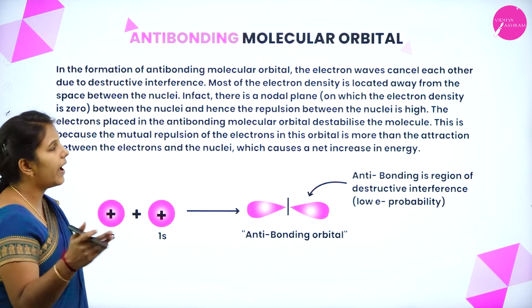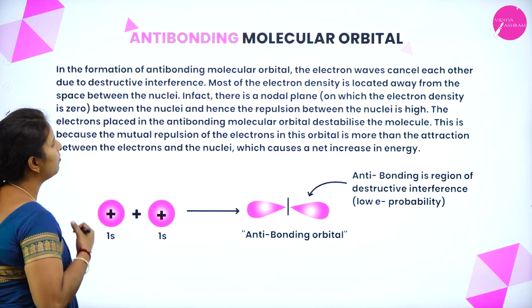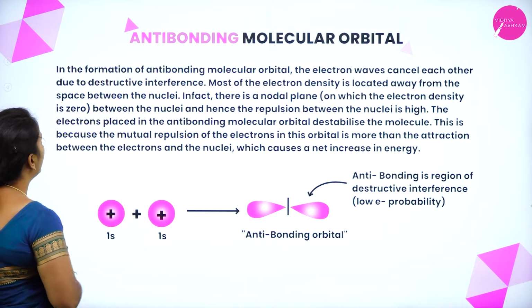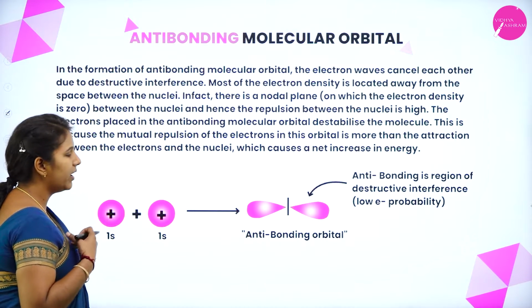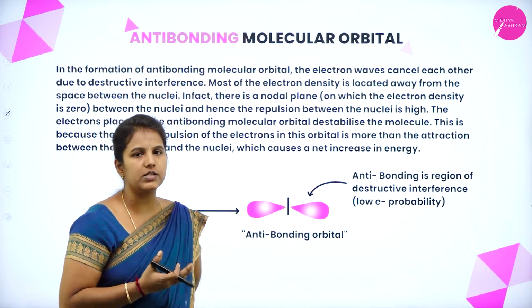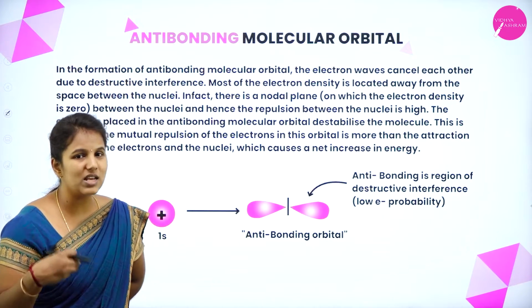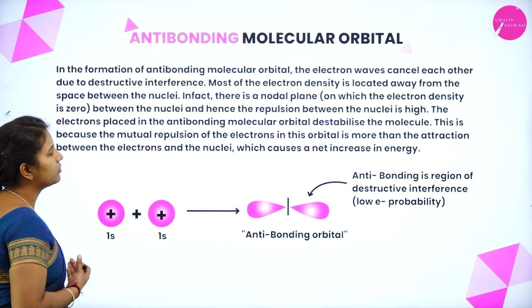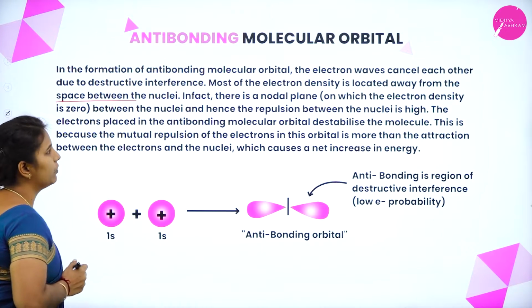Next, in the case of antibonding molecular orbitals, what will happen? In the formation of an antibonding molecular orbital, the electron waves cancel each other due to destructive interference. So in the last case, we understood that due to constructive interference, they form a what? Molecular orbital. But here, due to destructive interference, they cancel each other, and most of the electron density is located away from the space between the nuclei.